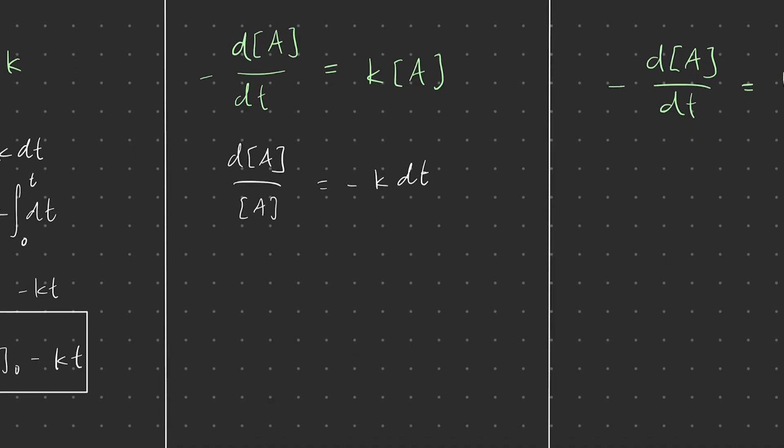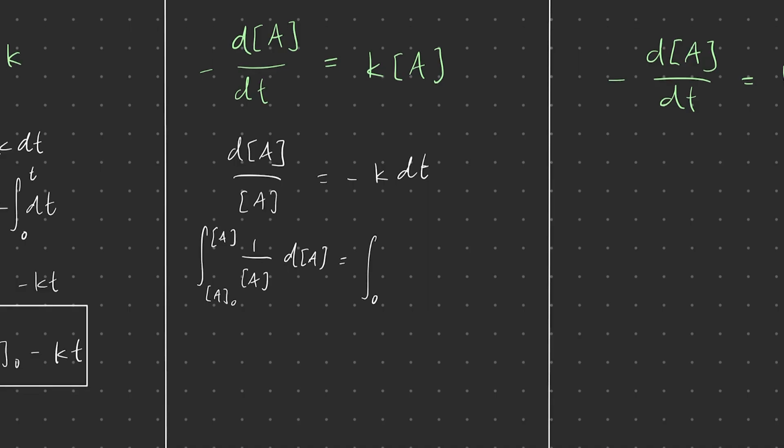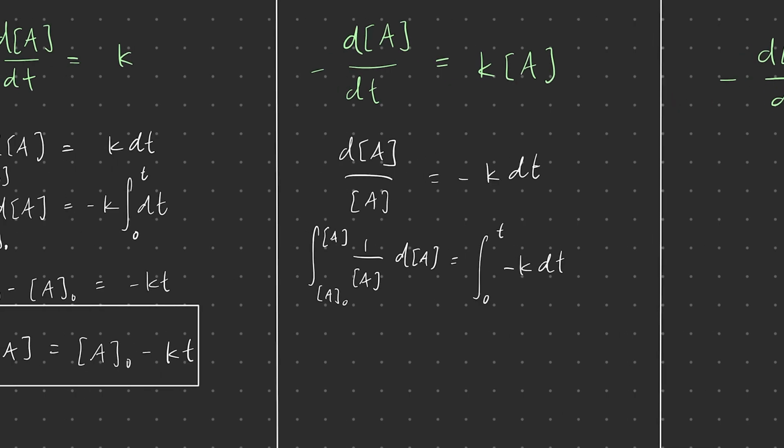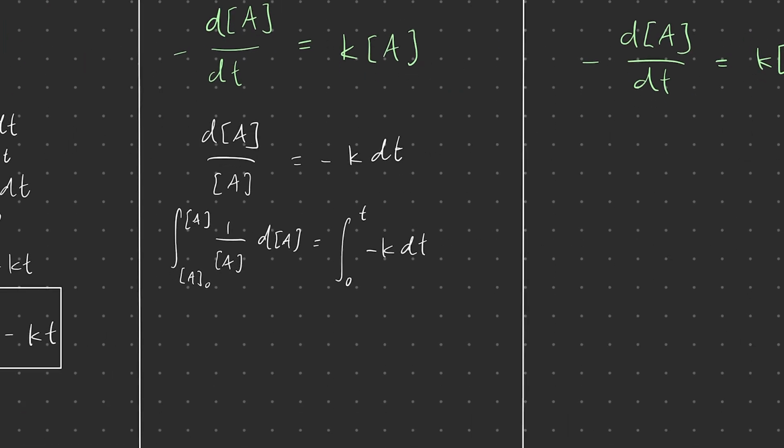And integrating this, again, from 0 to time, is A naught to A. We're integrating 1 over concentration dA. I'm just saying A here, but remember, this is an expression for concentration. It's just a mouthful to say concentration every time. On the other side, we have the integral from 0 to t of negative k dt. I wrote it like this just to make sure you know that we're taking out the constants like earlier. Because they're constants, you can take them out of the integral.